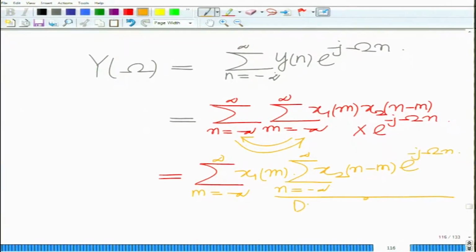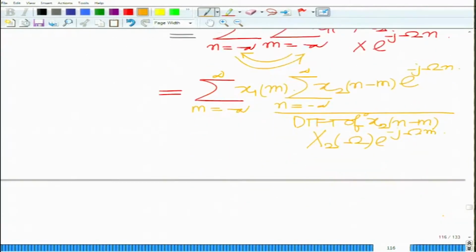This is the DTFT of x2[n minus m], that is x2[n] delayed by m samples, hence the corresponding DTFT is naturally X2(omega) e raised to minus j omega m, that is modulation in frequency.